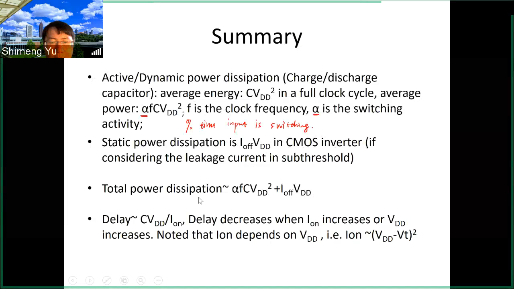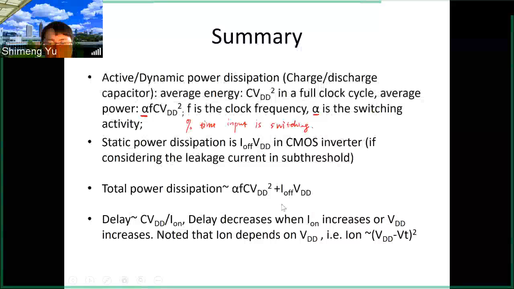So the total power dissipation will be alpha F C VDD squared plus I off VDD. As you can see, VDD will impact the total power dissipation, so you may want to reduce VDD to reduce both dynamic power and static power.